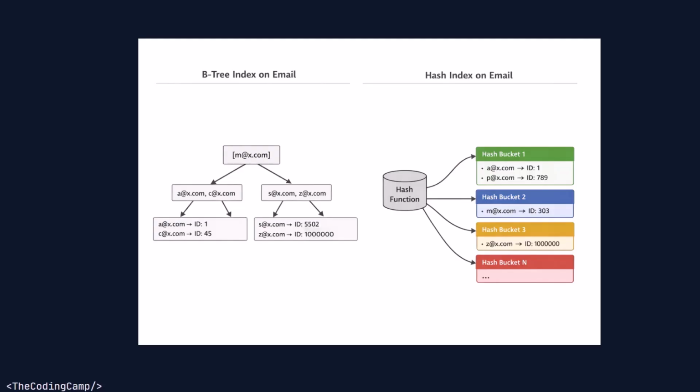In the previous example, if we create an index on the email and it's a hash table index, then each key is the email and each value is the table row associated with it. If it's a tree-based index, in most databases it's a data structure called a B-tree, which is a balanced tree, and searching for an item has log n time complexity, which is much better than linear time complexity without an index.